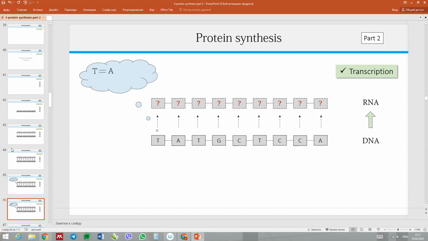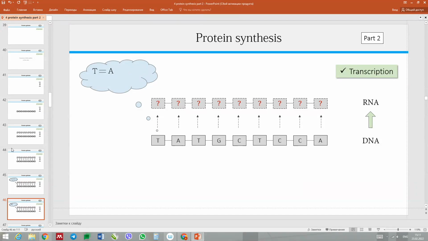So this complementary principle that tells us that thymine corresponds to adenine, guanine corresponds to cytosine, and adenine corresponds to uracil is the data transfer protocol that is used by nature in order to perform transfer of information from DNA to RNA.